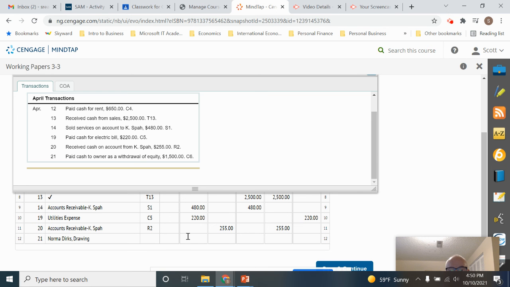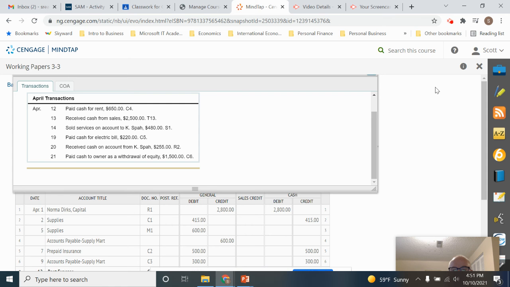So we're going to debit Norma Dirks for $1,500. We're going to credit cash, it's going out the door. We're reducing an asset by $1,500. We're increasing drawing by $1,500, which has the effect of decreasing equity with a debit. Source document C6.